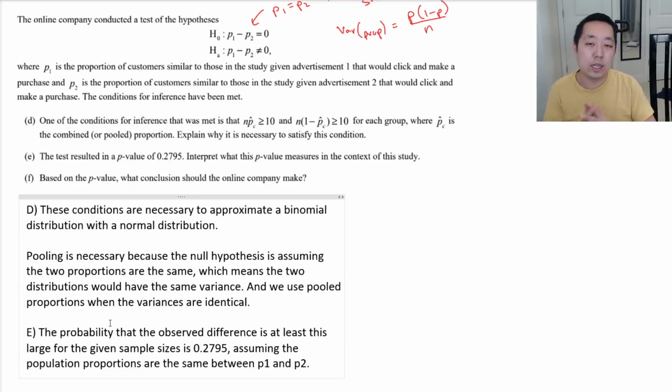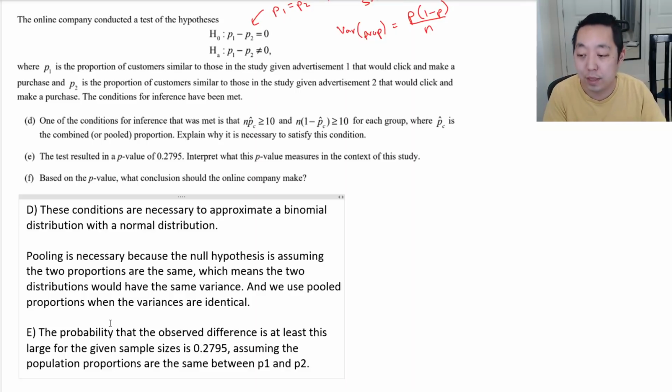So what are we saying here? Remember, the null hypothesis is your default assumption. So all of your calculations of the p-value are assuming that the null hypothesis is true. That's what the second part of the sentence is saying: assuming the population proportions are the same.